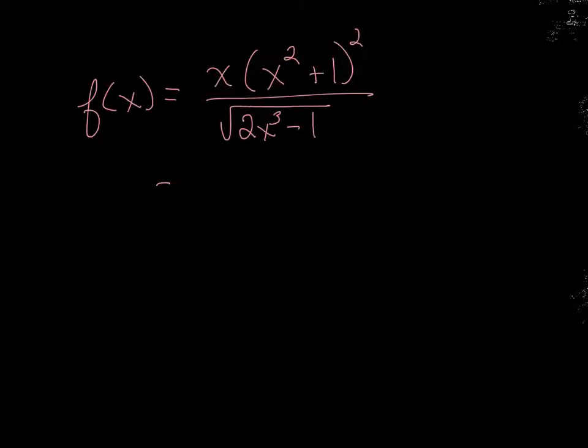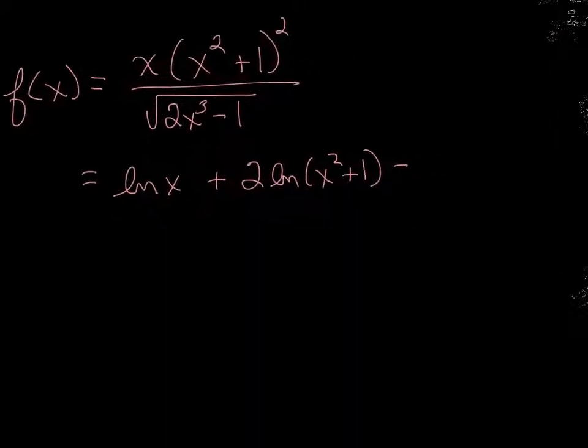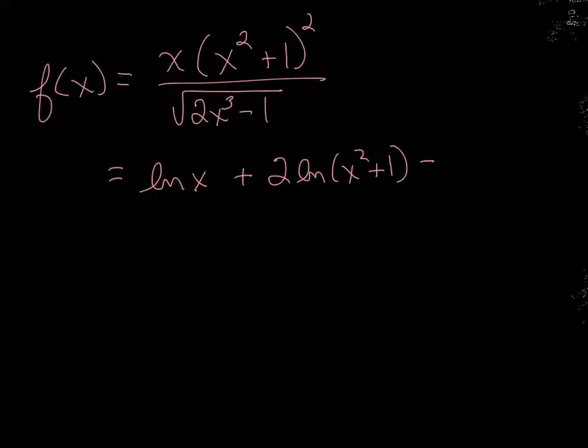And we said multiplication we can rewrite as addition, and division we can rewrite as subtraction. So we could rewrite this as the natural log of x plus, I'm going to go ahead and put twice the natural log of x squared plus 1, moving that exponent to the front, minus 1/2 the natural log of 2x cubed minus 1.